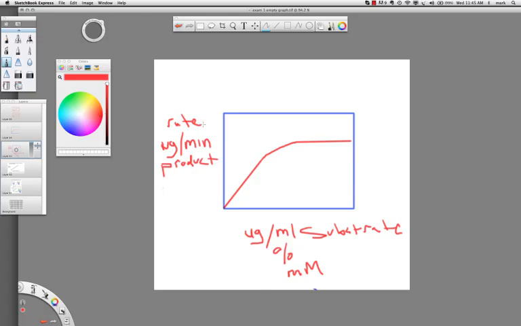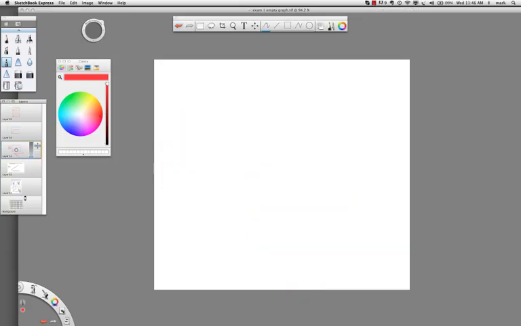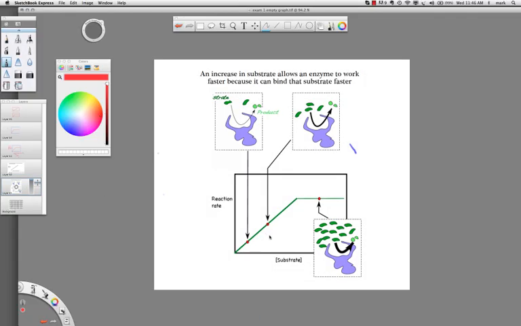Okay, so dependent variable is a rate, micrograms per minute of product is an example. The independent variable in a Michaelis-Menten plot is always substrate concentration. Milligrams or micrograms per mil is an example of a concentration unit. A Michaelis-Menten plot provides these two straight lines, but not all proteins have Michaelis-Menten kinetics.